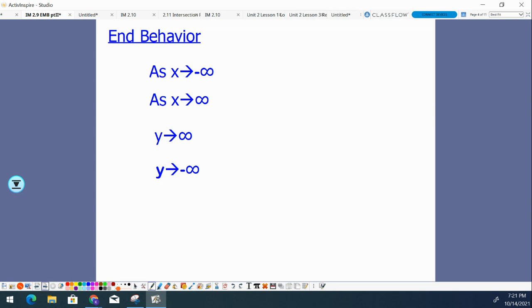So that might make sense, but the notation tends to confuse people just a little. We read this with this arrow: as x approaches negative infinity, that just means to the left. As x approaches positive infinity, that just means to the right, because x goes left or right.